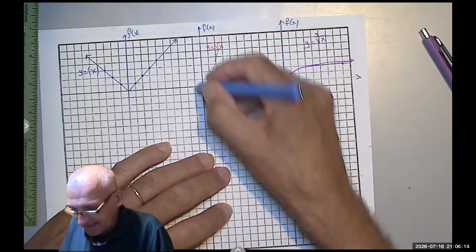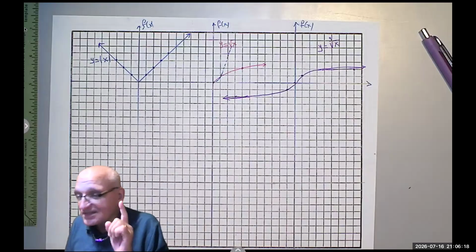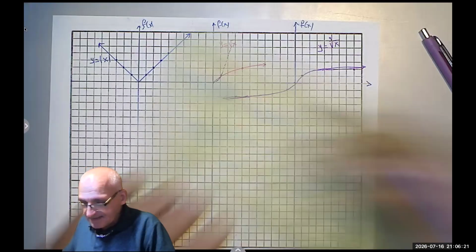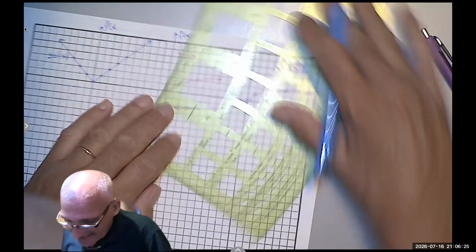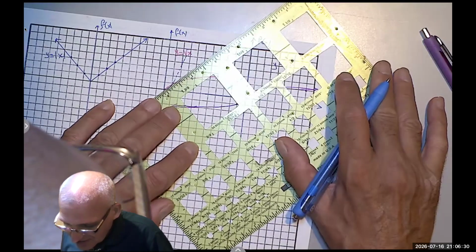It goes something like that, and this is like that. Do you see something very interesting? This line y equals x is an axis of symmetry for these 2 inverse functions.